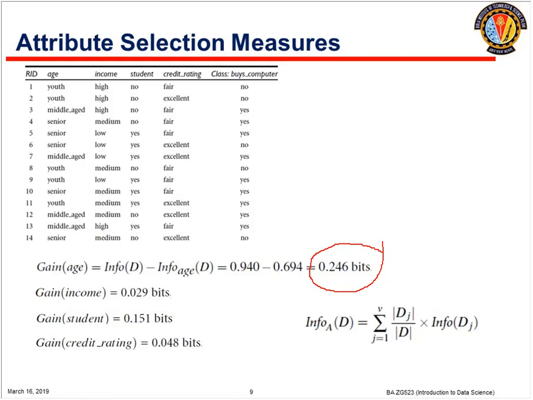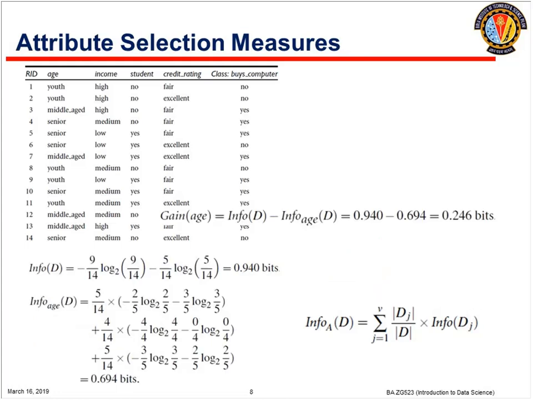Any doubt? No doubt? Okay. Even without using gain, if you just calculate entropy, you would see that the entropy for age is the minimum out of these, so you select age, because it results in the minimum entropy. 0.694 must be the minimum.